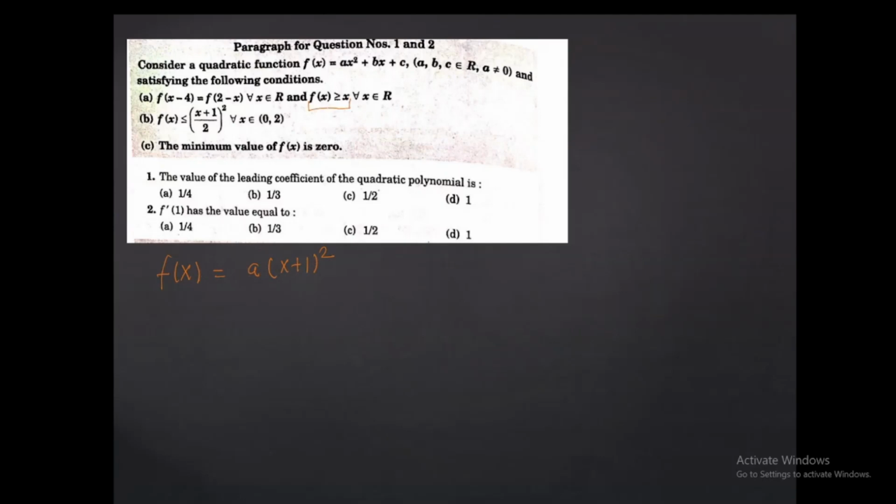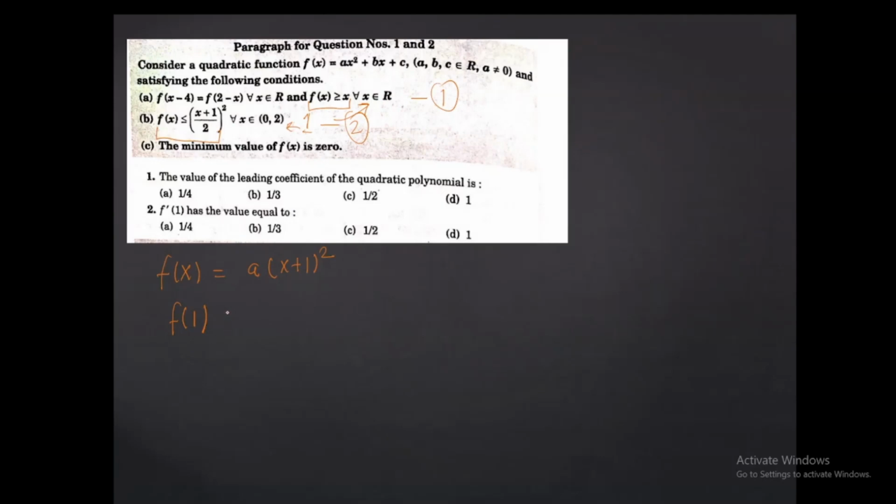It says that f of x is greater than or equal to x for all x belonging to R. And here we have f of x is less than or equal to this expression for all x belonging to 0 to 2, where 0 and 2 are not included. For the sake of simplicity, let's choose the number 1, as it lies in this region and also in this region. Say this is condition number 1, and this is condition number 2.